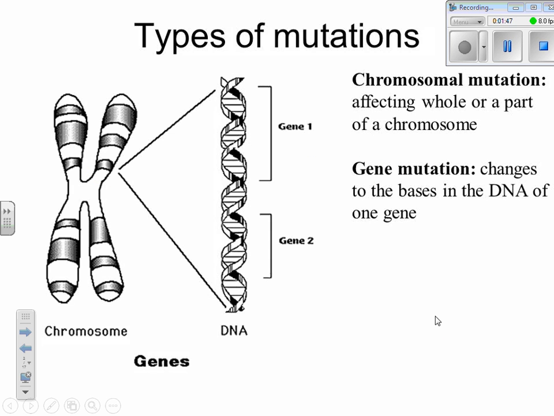The idea then of two different types of mutation is really just a matter of scale more than anything else. So chromosomal mutation is one affecting the whole of a chromosome or part of a chromosome. You can get multiple copies, you can get chunks of chromosomes cut off one and transferred to another, you can get bits exchanged. So those are chromosomal. And they will tend to have much broader impacts on individuals because of the number of genes on a chromosome.